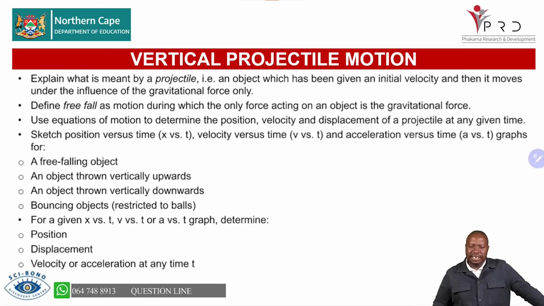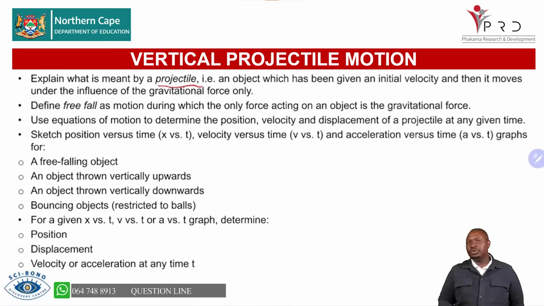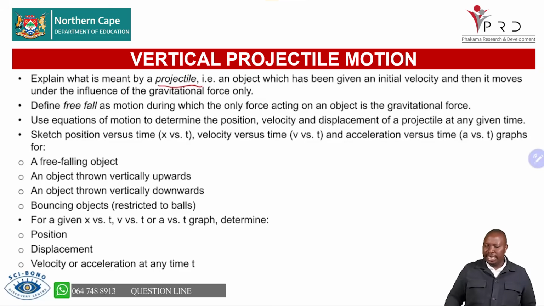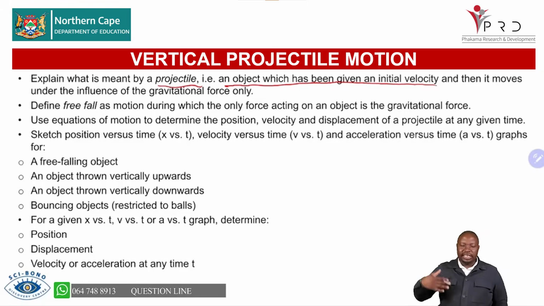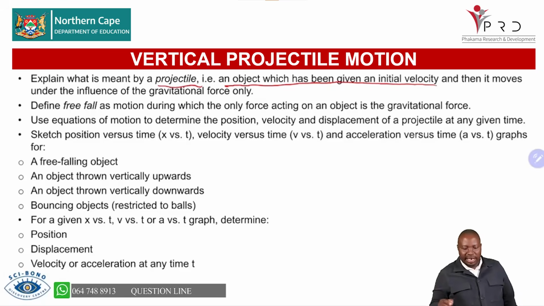Now, under vertical projectile motion, here we have two important definitions that you must know. It's a definition of a projectile. So please, when it comes to the definitions, don't lose any mark. Collect these marks. We're saying now, a projectile is an object which has been given an initial velocity, and then it moves under the influence of gravitational force only.